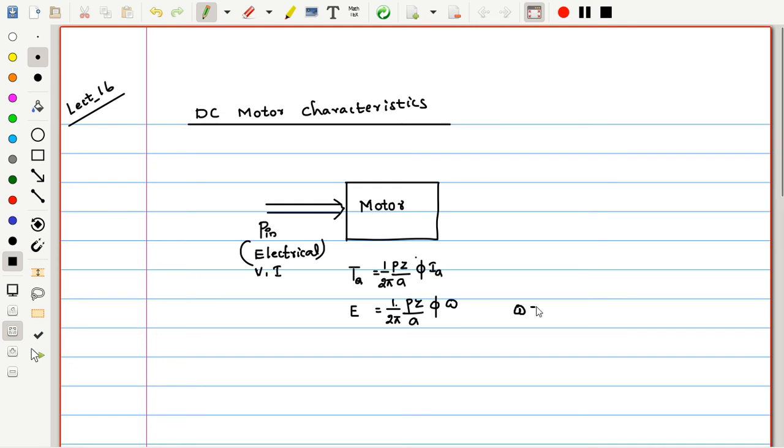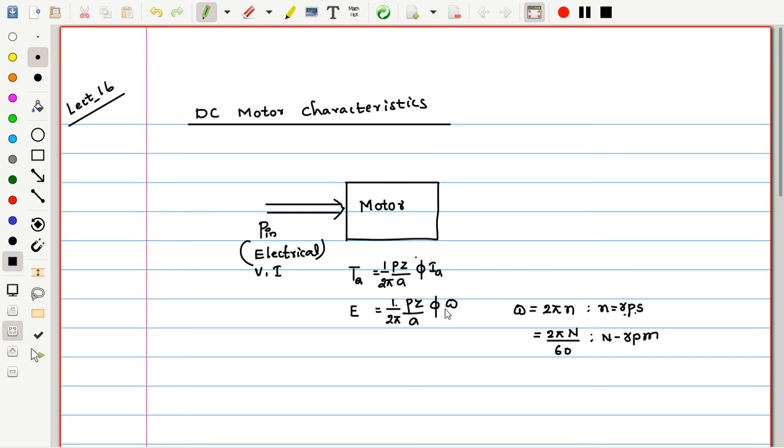Why? Because omega can be written as 2 pi n, where n is in rps, revolutions per second. If I use this expression as 2 pi capital N, I should divide by 60, where N is in RPM, revolutions per minute. So instead of small n or capital N, I am using omega.